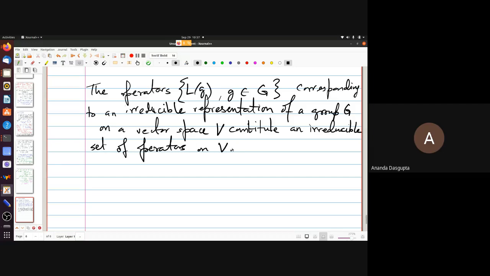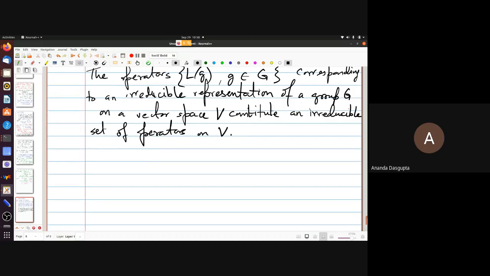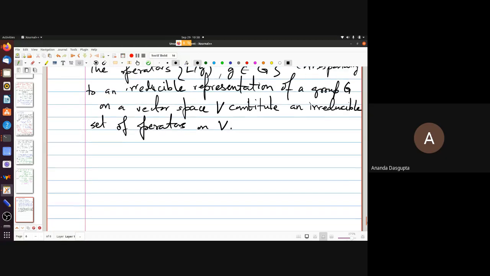So while the notion of an irreducible set of operators exists in linear algebra and has nothing necessarily directly to do with group theory, the reason why we are interested in them, and frankly the reason why anybody is interested in them, is that in group theory, when you're talking of irreducible representations, the corresponding operators of course give you an irreducible set of operators on V, and that's the real reason why we are so focused on these irreducible sets of operators.